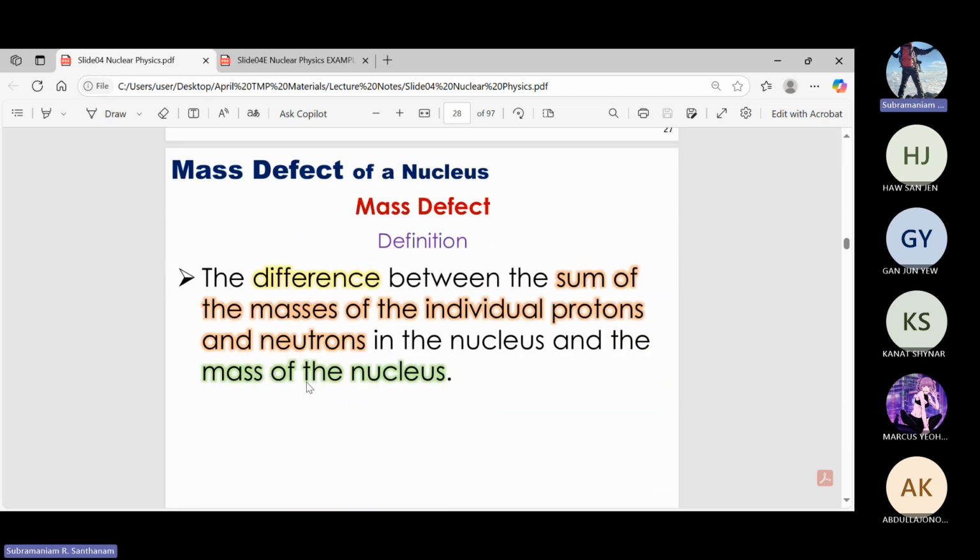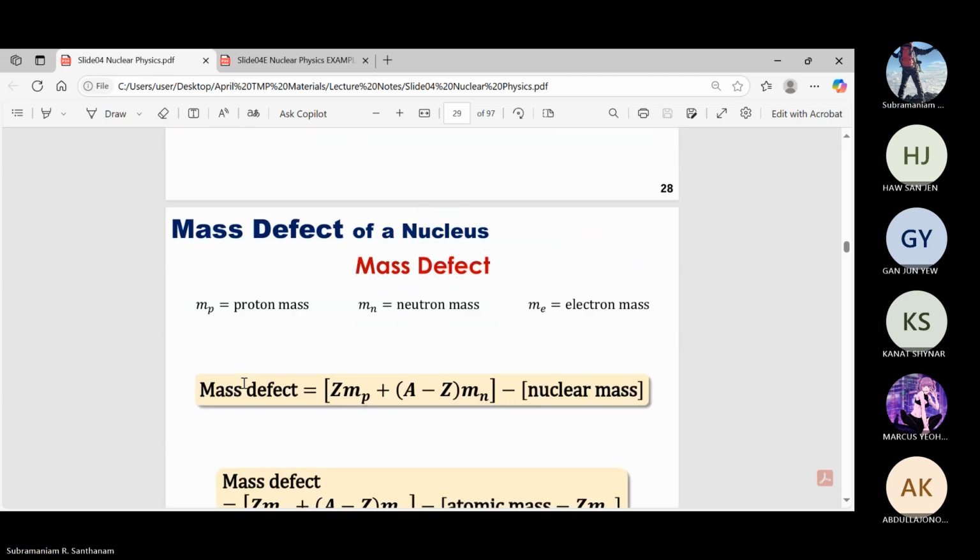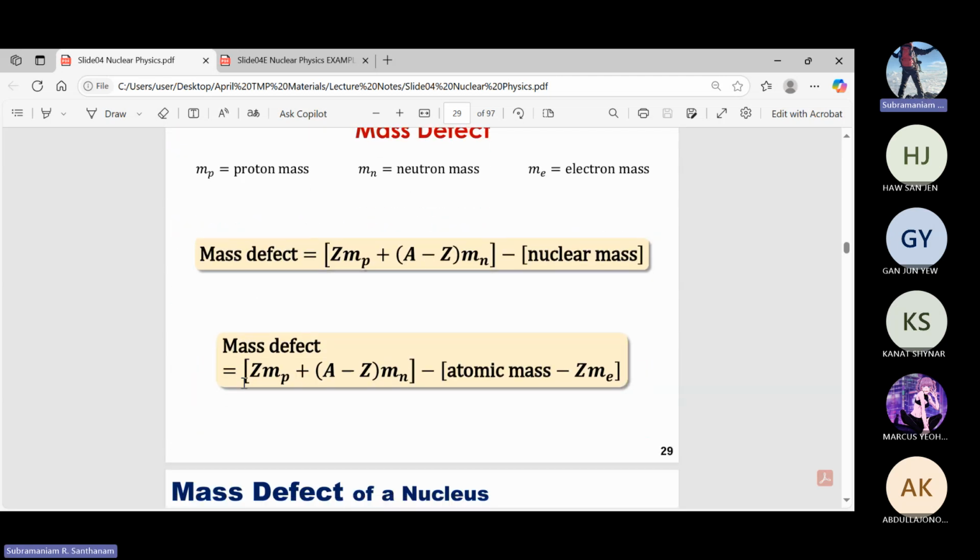So the difference between the sum of the mass of the individual protons and neutrons in the nucleus and the mass of the nucleus is the measure of the mass defect, the difference in the mass. If you want to find the mass defect, we are basically looking at the nucleus.